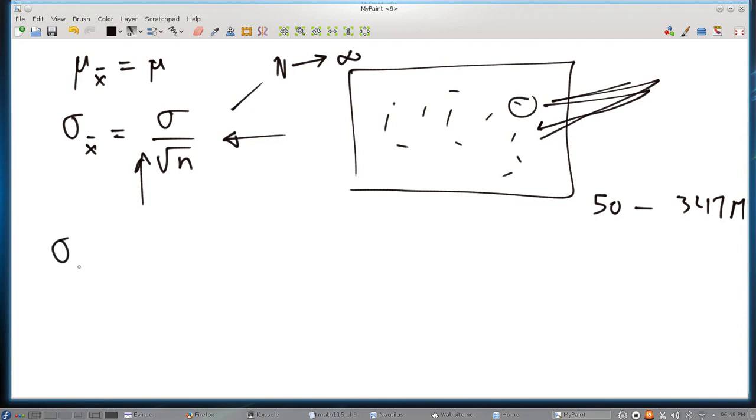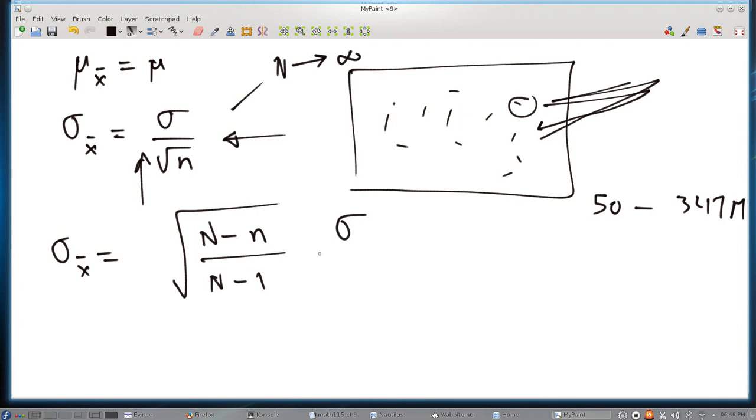So sigma of x bar is equal to the square root of capital N, which is the population size, minus the sample size, divided by the population size minus 1, multiplied by the standard deviation of the population, divided by square root of n. So this is a factor when you are dealing with a small population, and you draw a sample without replacement.